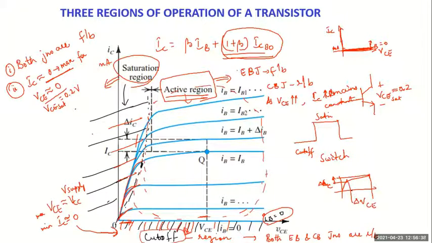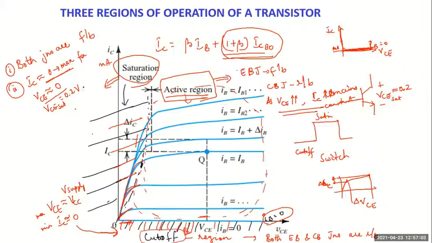The X-axis is VCE, which is changing by a large value, but the change in the collector current is minimal. It's almost constant. So in the active region, since the device's characteristic is almost constant current for variation in voltage, it is very useful for amplifier applications.